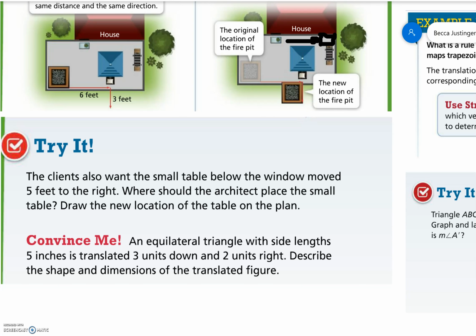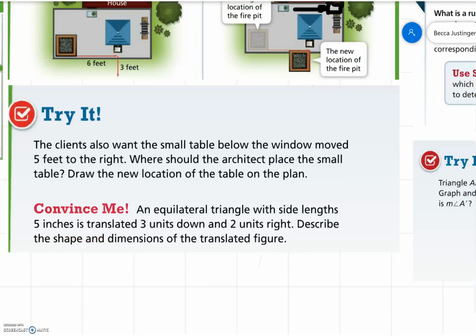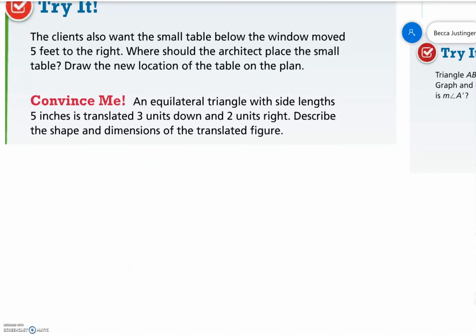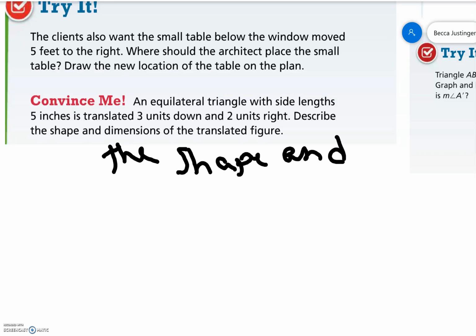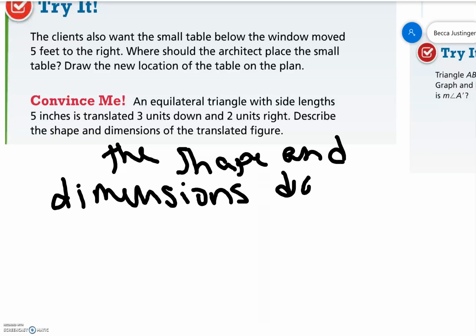An equilateral triangle with a side length 5 inches is translated 3 units down and 2 units right. Describe the shape and dimensions of the translated figure. Well, the shape would be the same and the dimensions would be the same. So the shape and dimensions do not change.